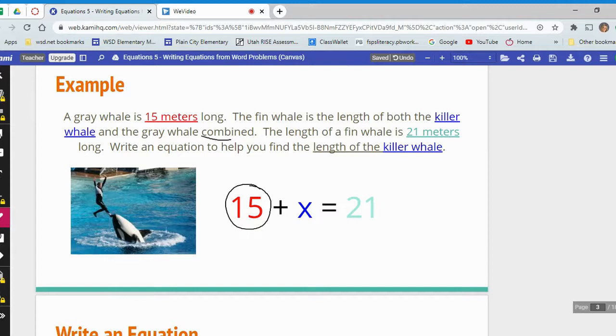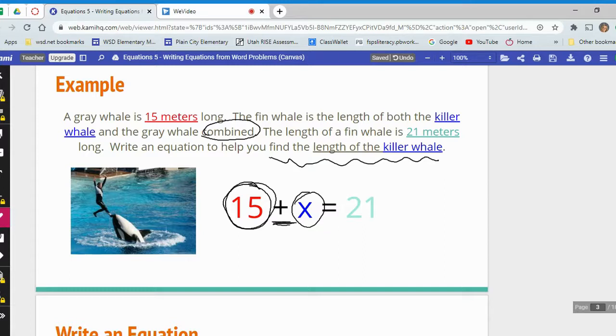So we know if we're going to combine them, that's a keyword. It tells us it's going to be an addition equation. And it says the killer whale and the gray whale. So we have the gray whale. Now it tells us find the length of the killer whale. So we don't know that. So we're going to use an X because we don't know that.